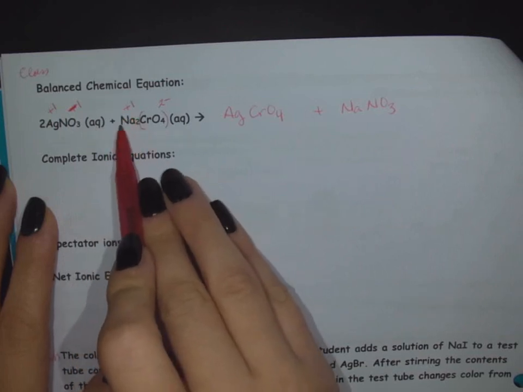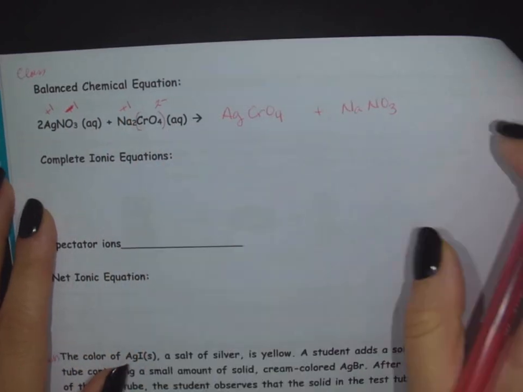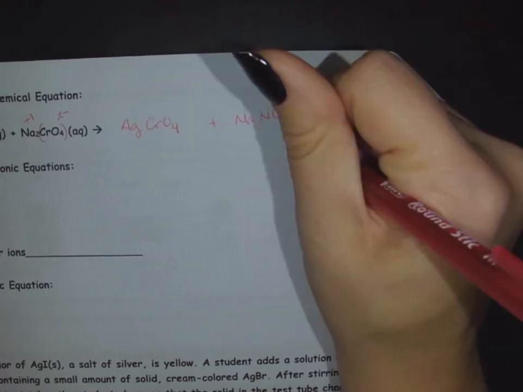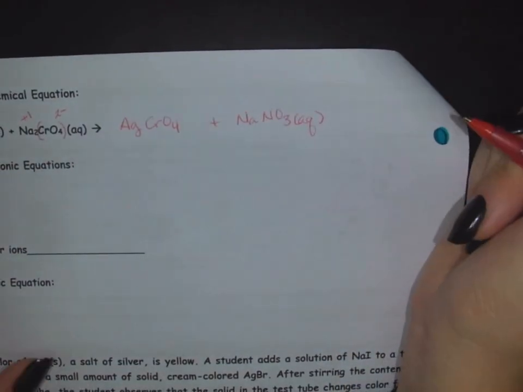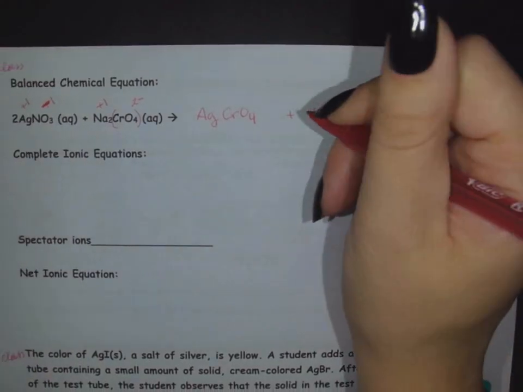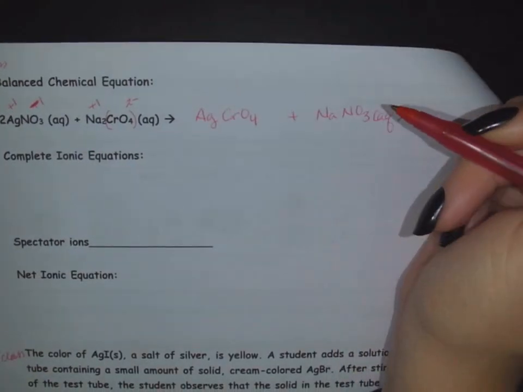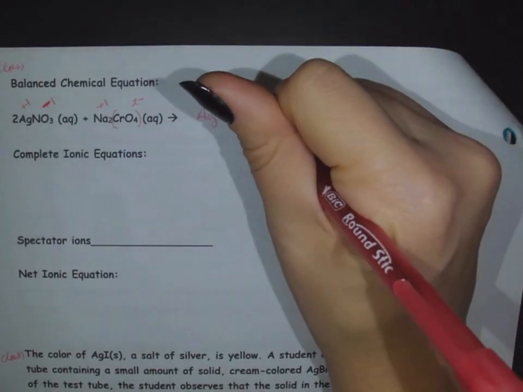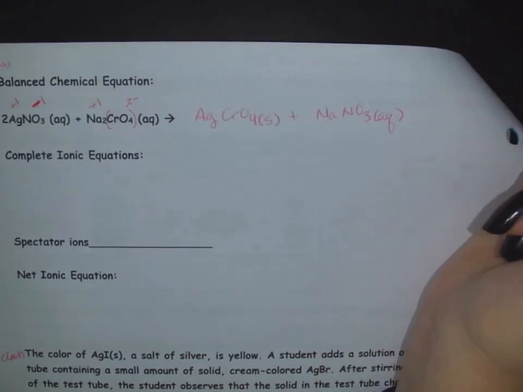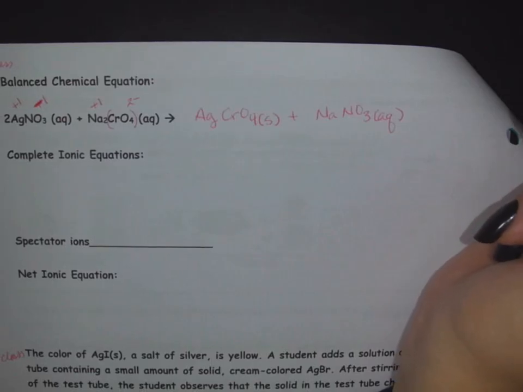This guy had sodium, it was soluble, that one's aqueous. And then this is double whammy, it's both sodium and nitrate, that is definitely aqueous. And what we have left over doesn't have the sodium or the nitrate. It doesn't have any group 1 metal or the nitrate. And so this is probably going to be our precipitate. It's probably going to be solid.